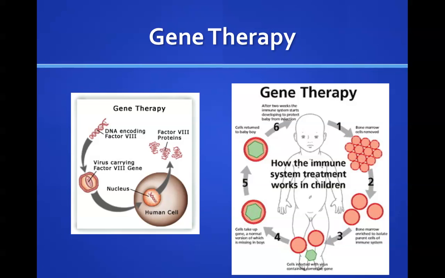Gene therapy. That's basically what I was telling you about somatic cell gene therapy and germline gene therapy. This picture is actually important in showing the SCID thing, so severe combined immune deficiency. And this is the gene therapy, so this is just an image of what could happen.